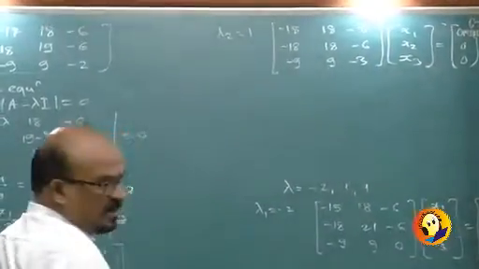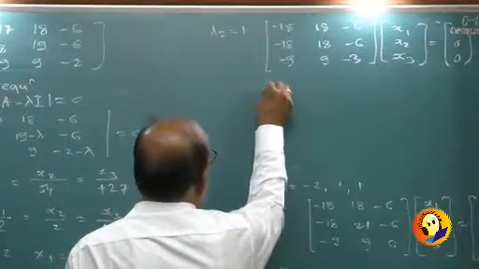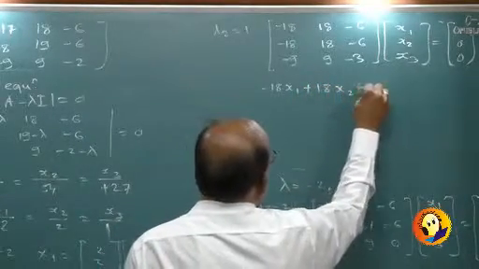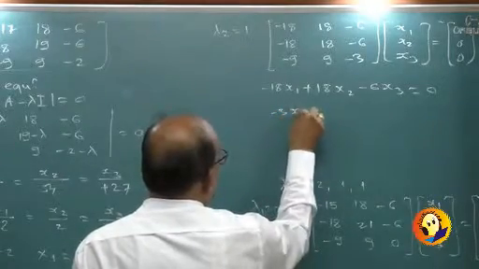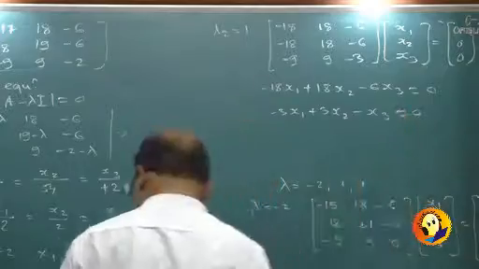All the three equations come out to be the same. So the equations are minus 18x1 plus 18x2 minus 6x3 equal to 0. So minus 3x1 plus 3x2 minus x3 equal to 0.